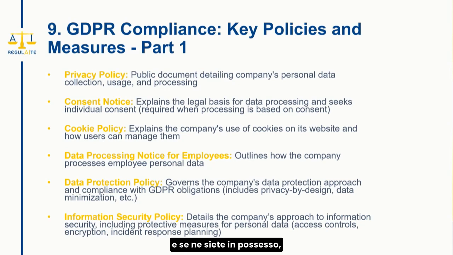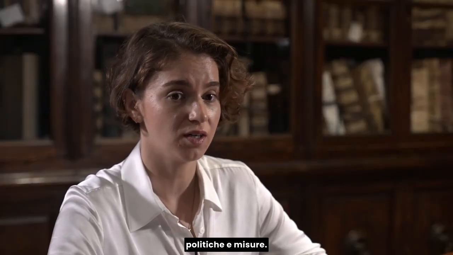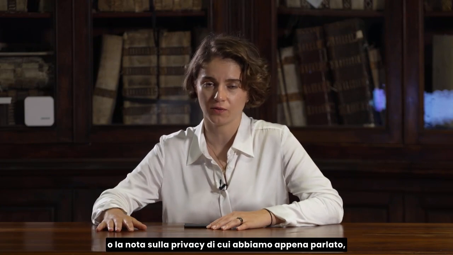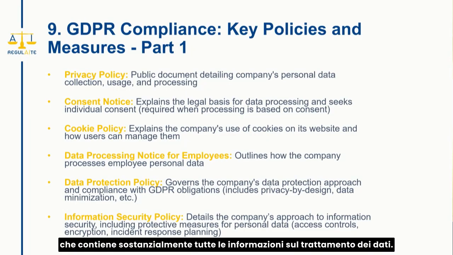We will briefly go through what each of these policies and measures represent and what they require. So you will most likely have the privacy policy or the privacy notice, which we just discussed, containing all the information on the data processing.